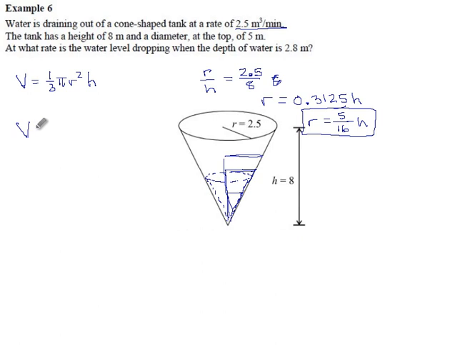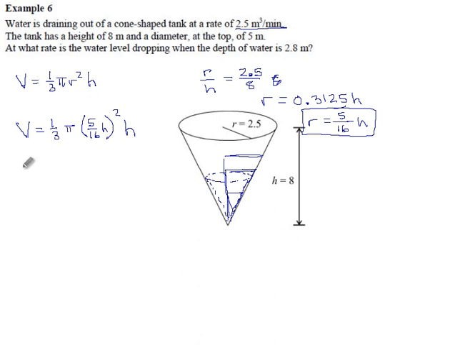So volume equals 1/3 pi. The radius is 5/16 h. And it's squared, and then we have that last h. So this is 1/3 pi r squared h.